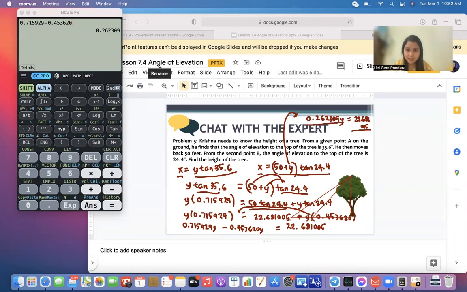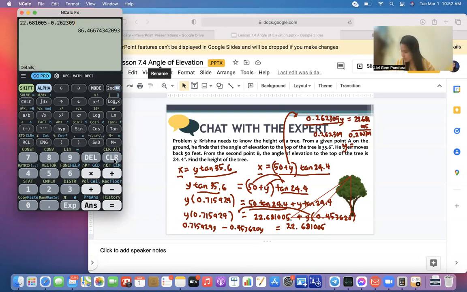Divide both sides by 0.262309. So our y is equal to 22.681005 divided by 0.262309.